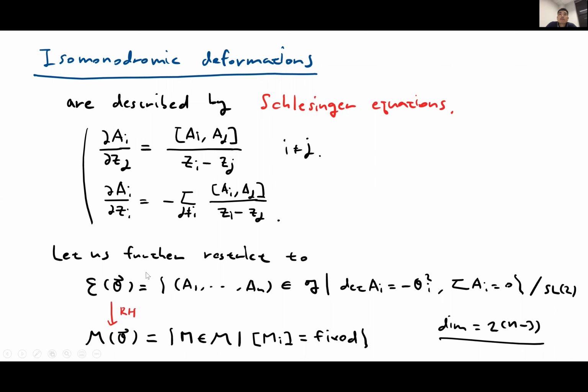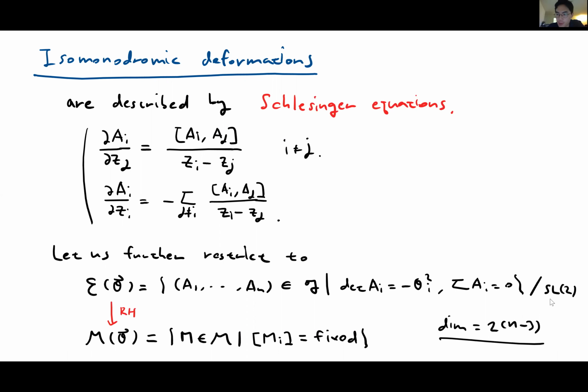So now let me specify further. Let me further restrict to the space of Fuchsian systems, by which I just mean that I fix the eigenvalues of each A_i to be theta_i and minus theta_i. So the determinant of A_i is minus theta_i squared now.